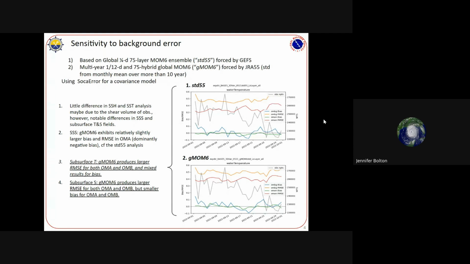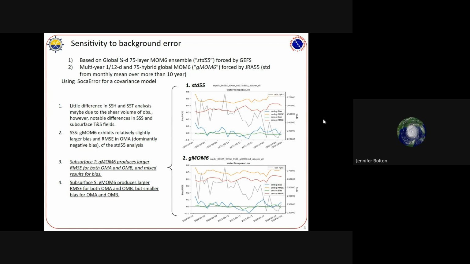But we do have some notable differences in the surface salinity, SSS observations, and the subsurface T and S values. So for SSS simulations, obviously the STD55 analysis performed a little bit better than global MOM6.